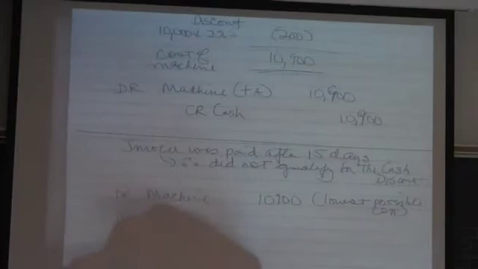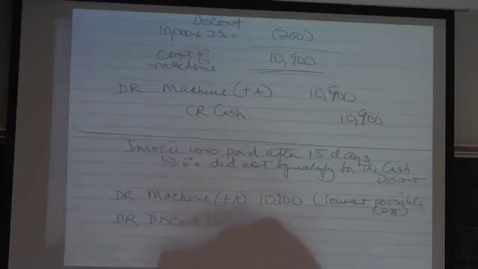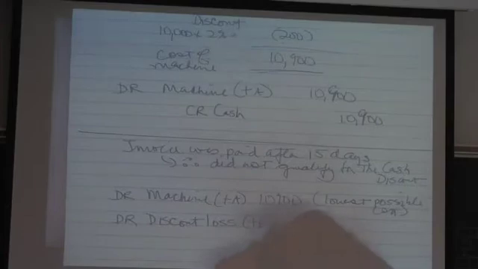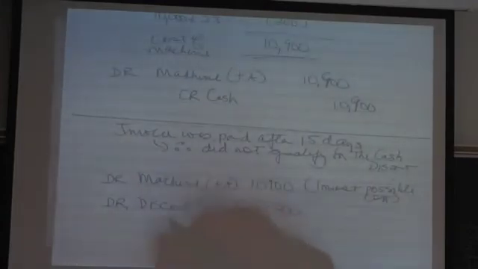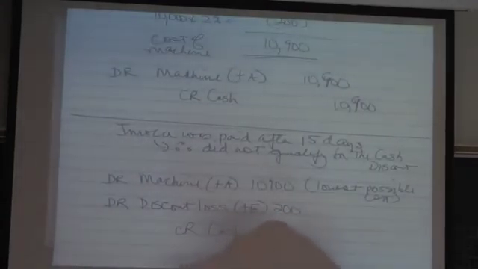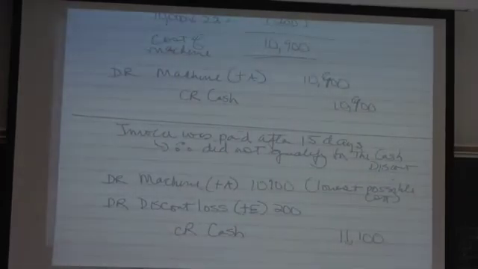We're going to debit an expense called discounts lost, an expense of $200. And we're going to credit cash for 11,100, because the amount of cash that we need to pay would be $200 higher than had we taken the discount.